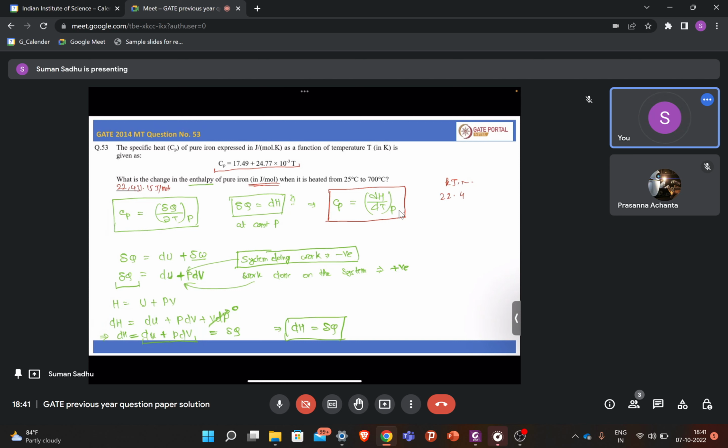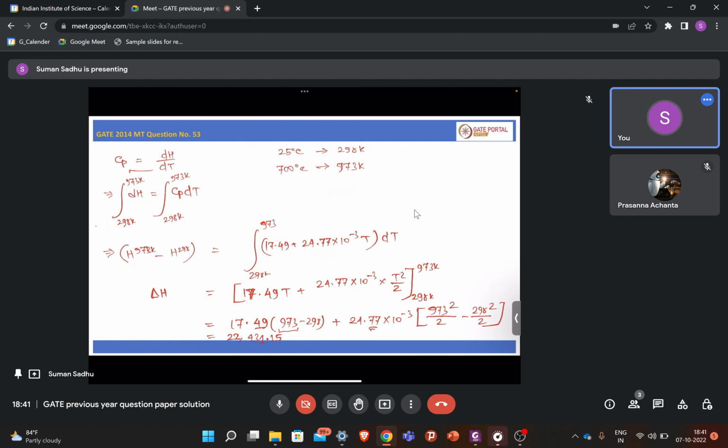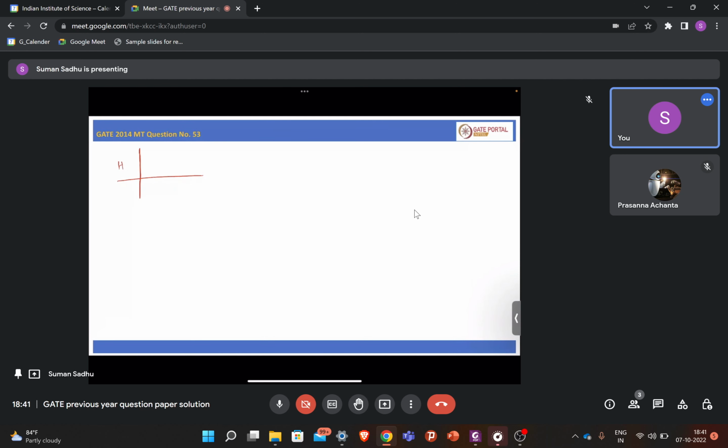Now, can you just plot the H versus temperature? Do you know the plot? How the H varies with temperature, how the entropy varies with temperature, and how free energy varies with temperature?